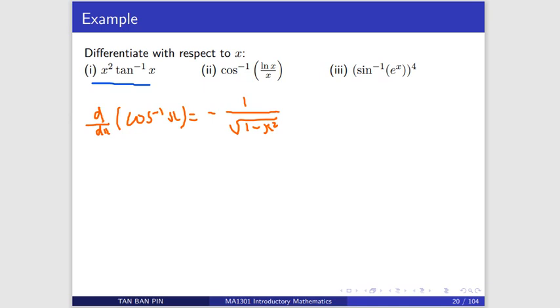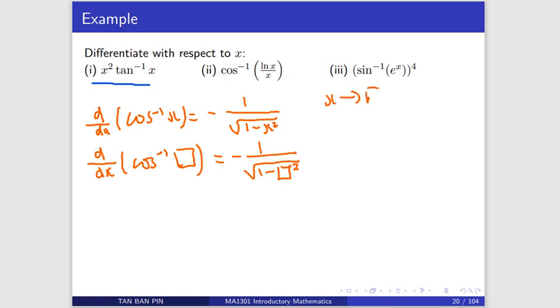Then, using the idea of box that I mentioned, replace x by box. So it's cosine inverse box, and the derivative is minus 1 over square root of 1 minus box, and the square is still there, which means you replace x by box.